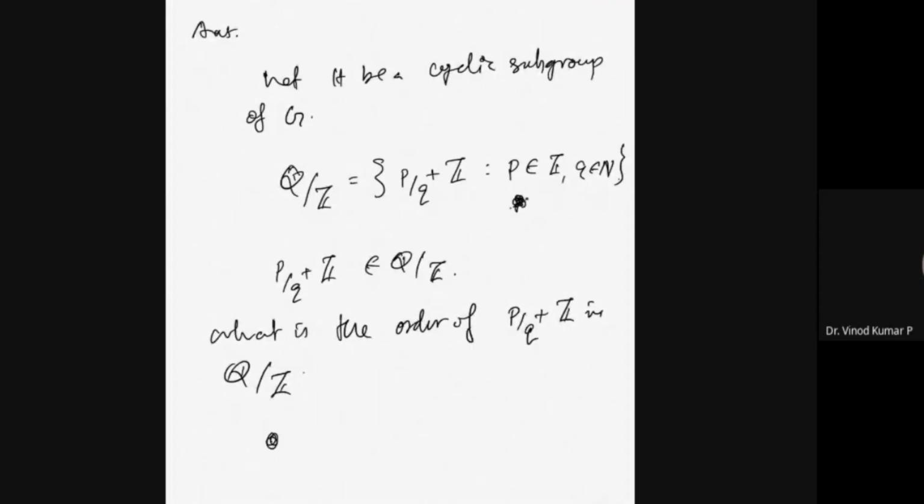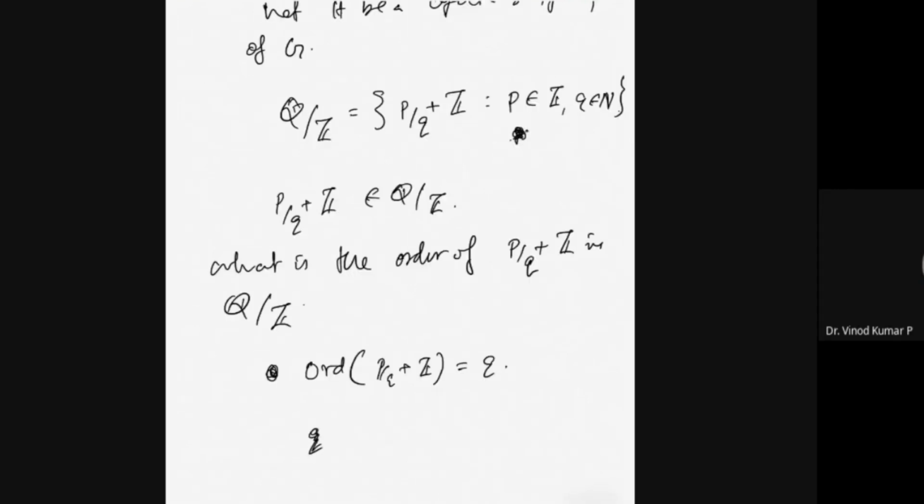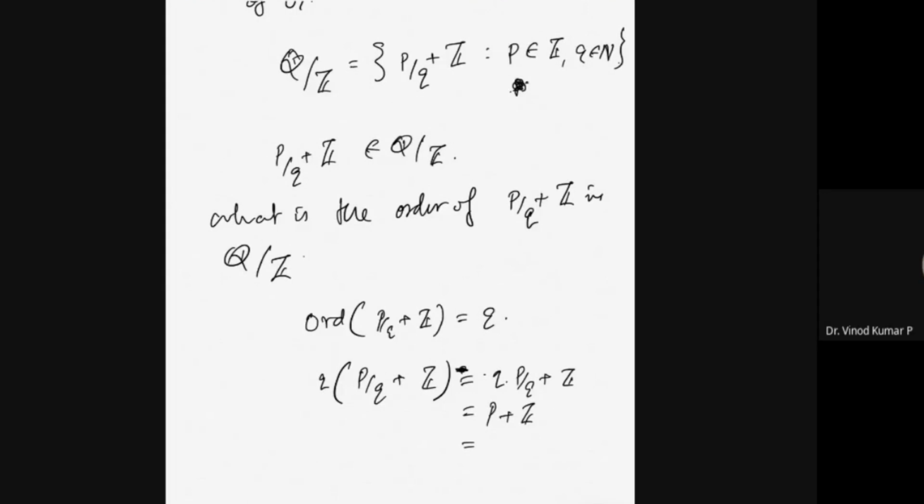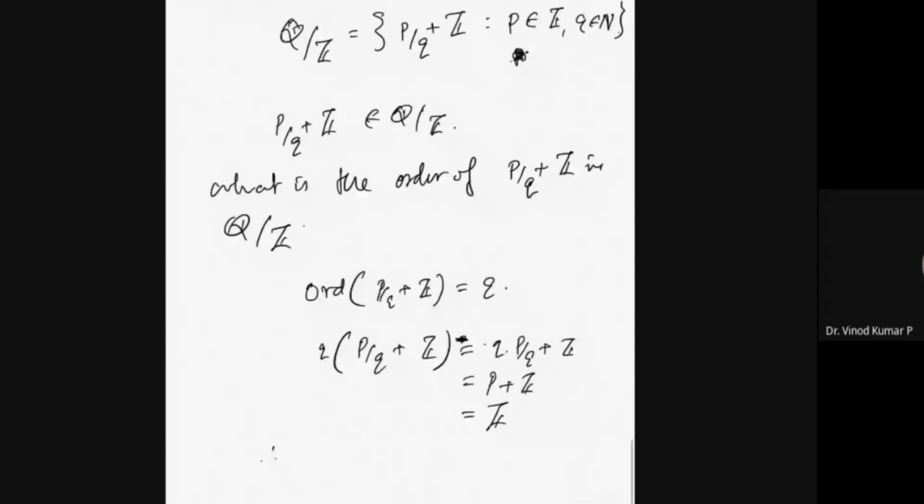So the order of this will be q, because q into p by q plus Z is equal to p plus Z. Since p is in Z, p plus Z will be equal to Z, and Z is the identity element. So the order of p by q plus Z is q.